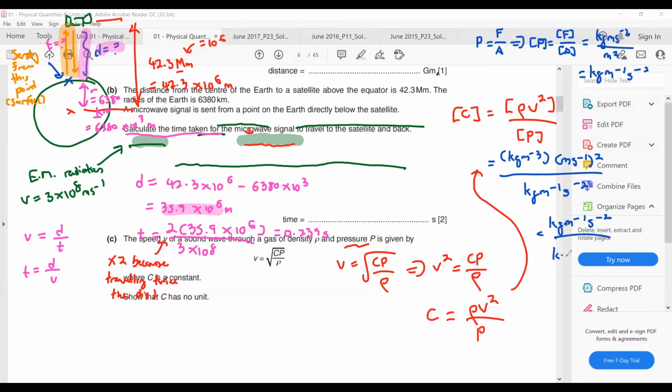The bottom one will be kg m^-1 s^-2 also. You try to simplify it further, you will notice that you get kg to the power 0, m to the power 0, s to the power 0. So therefore, no units. Okay, so this is one way to go about getting the answer.